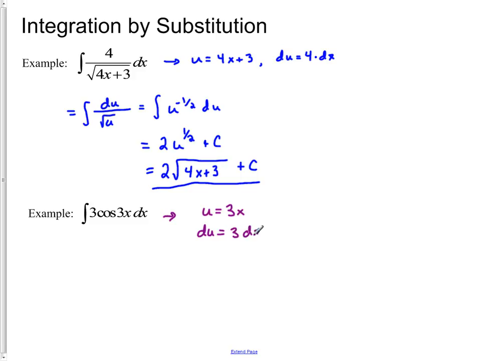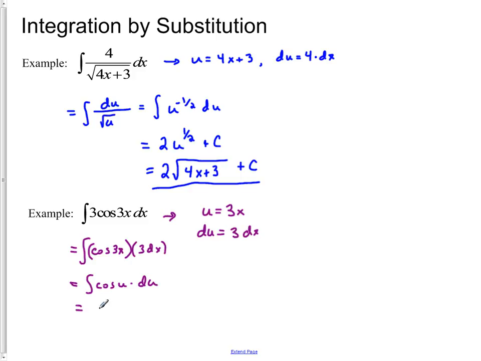Now, it might not be as readily apparent, but really this expression, the integral of 3 cosine of 3x dx, is equivalent to the cosine of the quantity 3x times, and I'll just move the 3 in front of the dx, 3 times dx. So we really do have cosine of u times du.